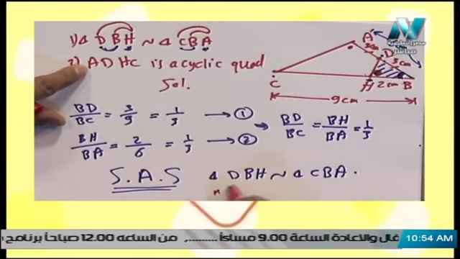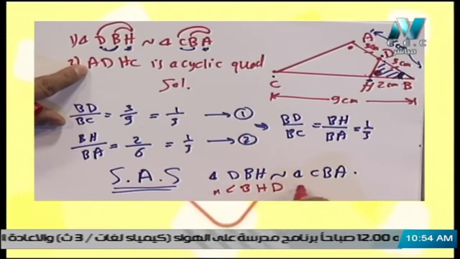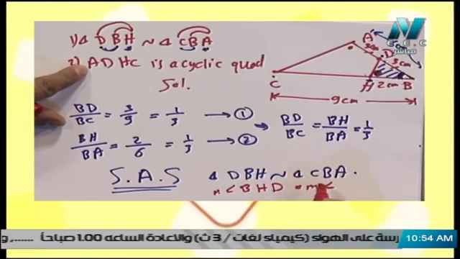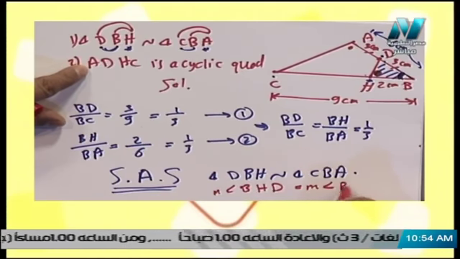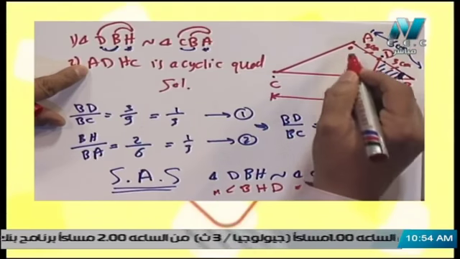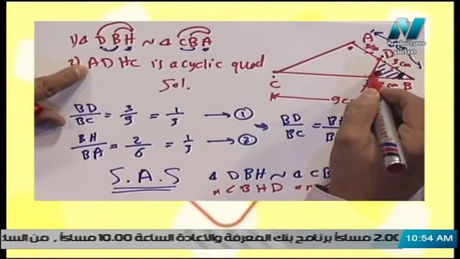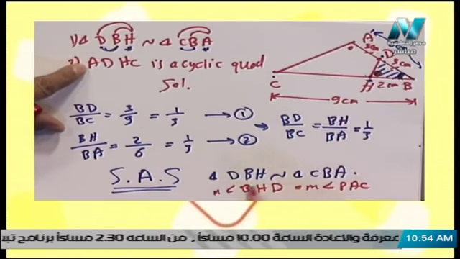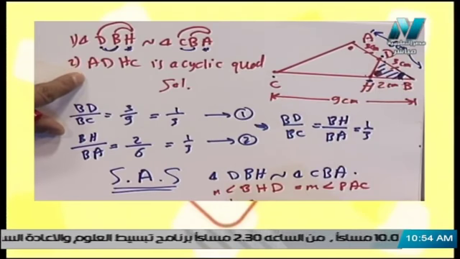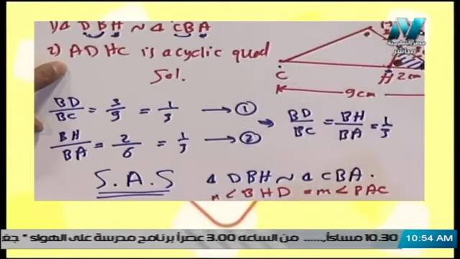So measure angle BHD equals measure angle BAC. So an exterior angle equals the corresponding interior angle opposite to this vertex. Then the quad DACH is a cyclic quad.